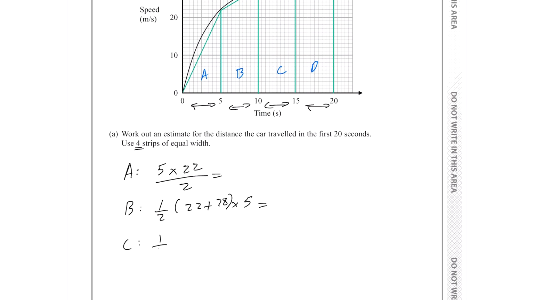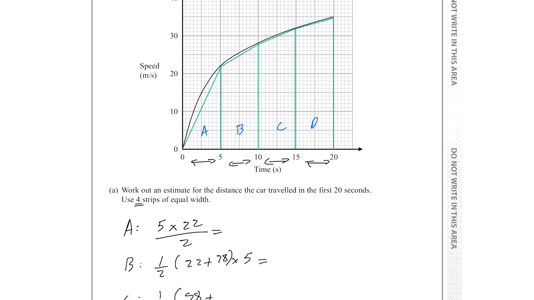For C, it's similar, a half A, which is 28, plus B, which is 30. So I should probably label where I'm getting these from. That's my 22, that's my 28, that's my 32, and that looks like it's 35.